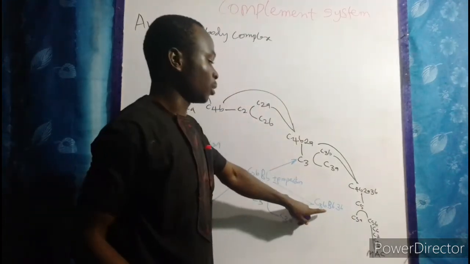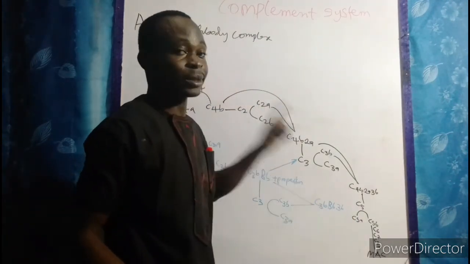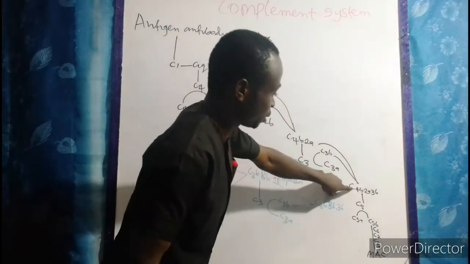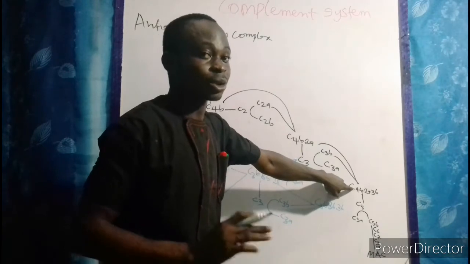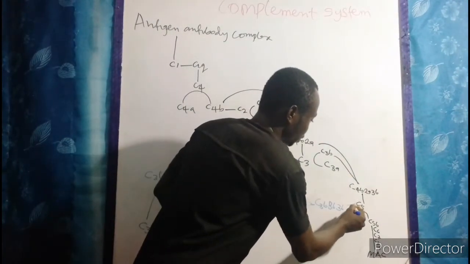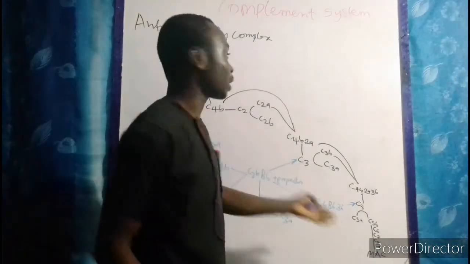This is C5 convertase because it has the potential of cleaving C5. They don't have the same structural formula, but they have the same potential. And the rest of the pathway continues as in the classical pathway.